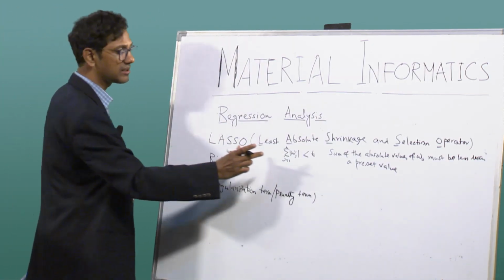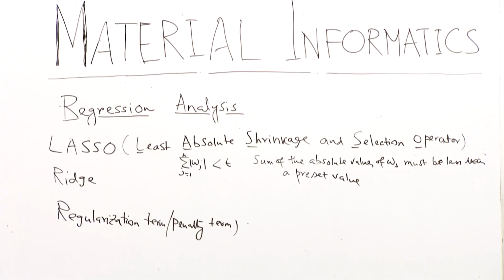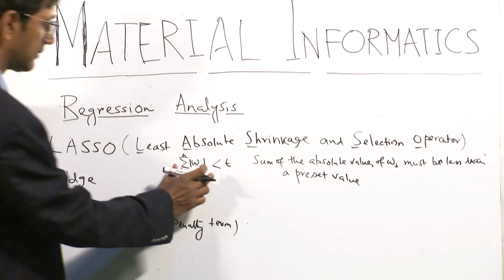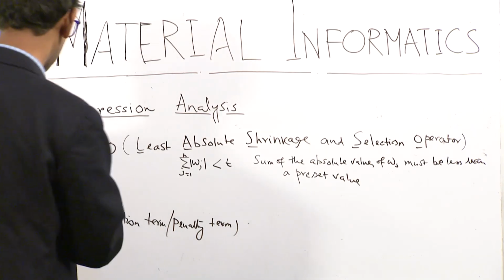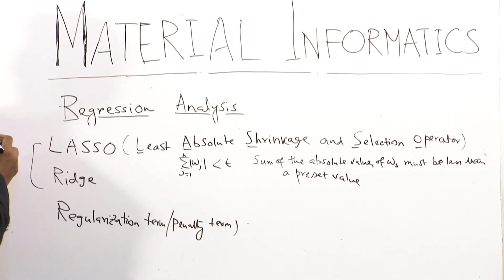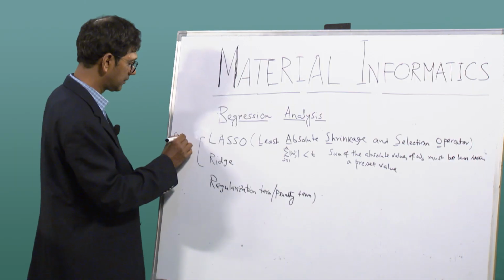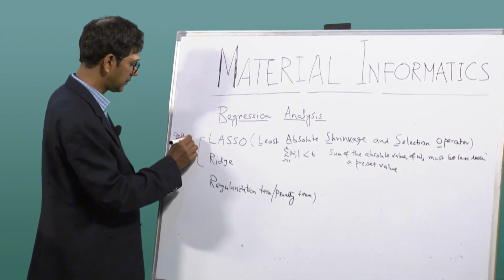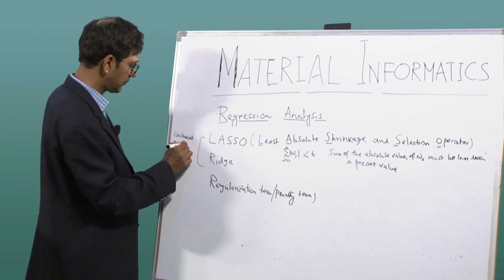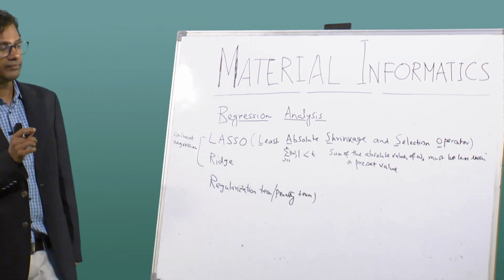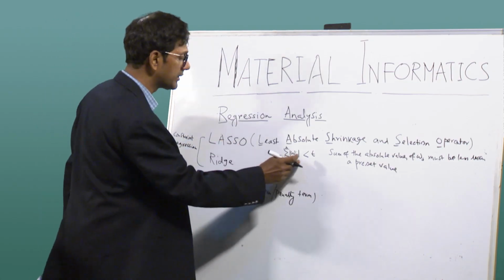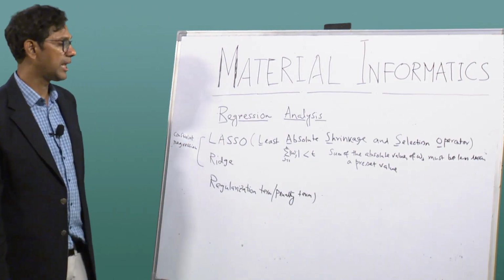So this is the extra term we add. That means this is a condition, a constraint actually. So we can call these two constrained regression. Here we are applying a condition, and that is the condition you use in case of Lasso.